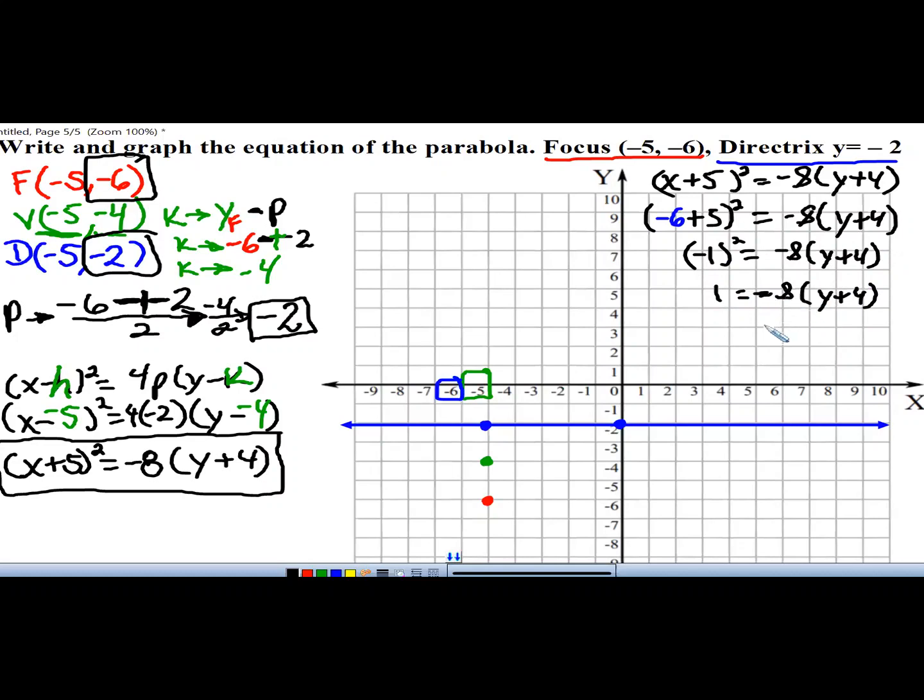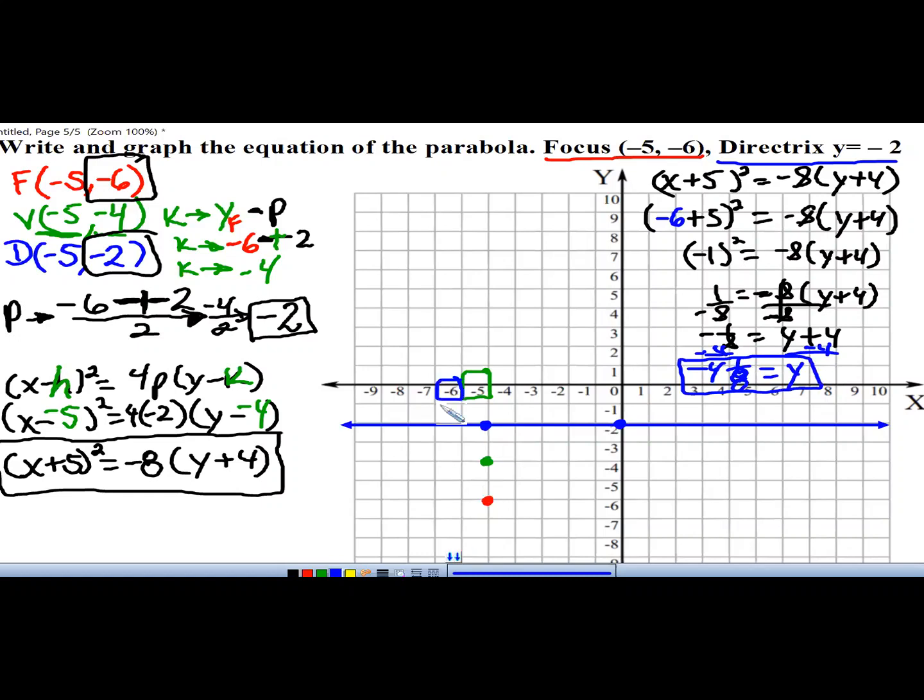It's multiplying. So what is the inverse? Divide by -8, divide by -8. That leaves us -1/8 equals y plus 4. And our last step is -4 minus 4. So that leaves us with -4 and 1/8 equals y.